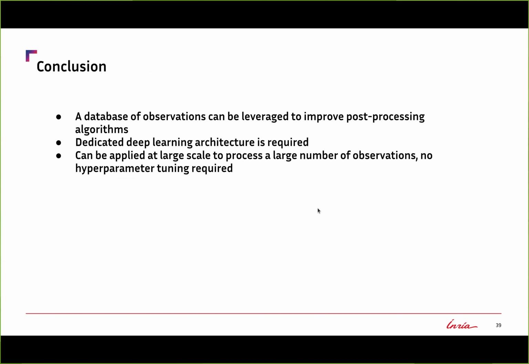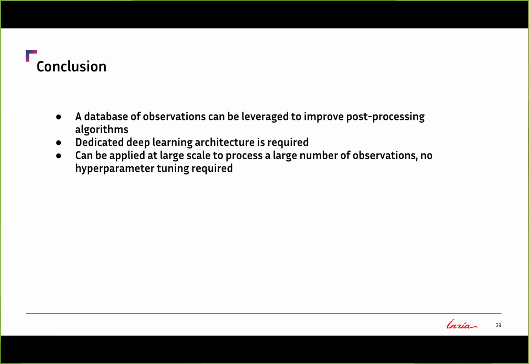So just to conclude on this talk, I think the main points are that we can leverage a database of observations to improve post-processing algorithms, but we cannot just apply any deep learning architecture. It needs to be driven by the insight of previous methods. In this case, what worked well was modeling the correlation at the scale of patches, and that's the same insight that we used to design the architecture of our model.